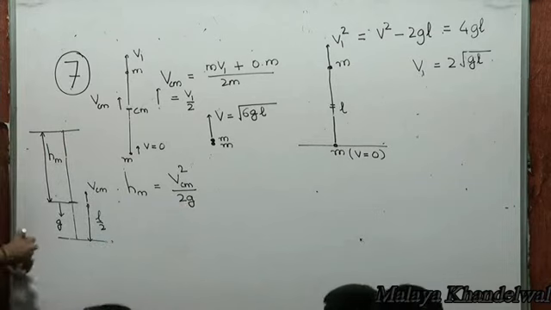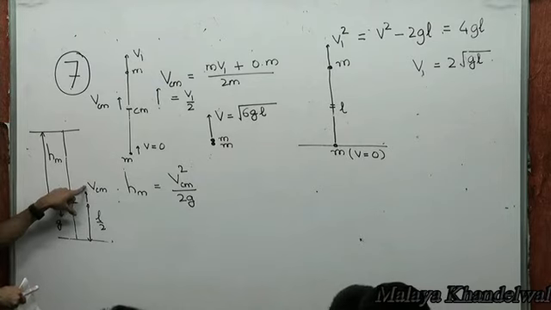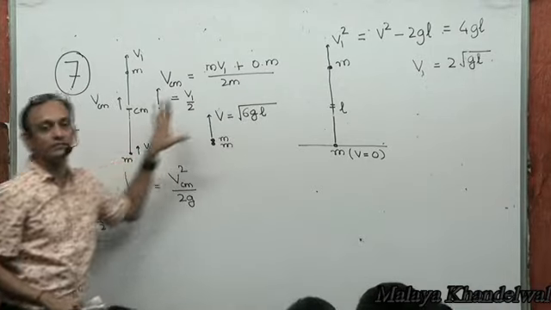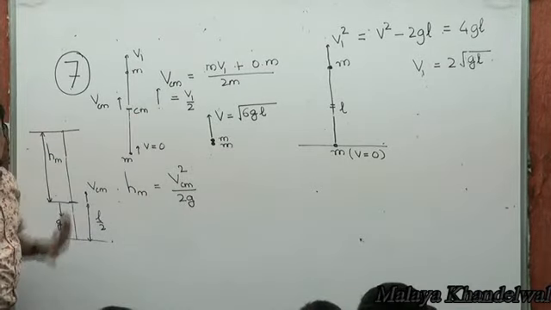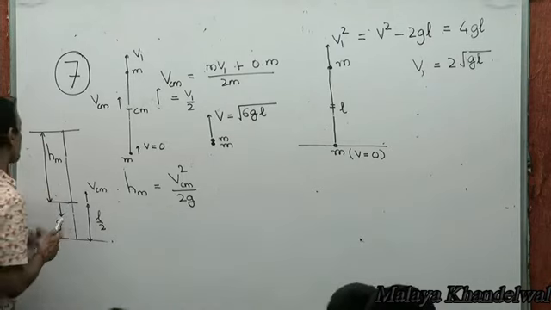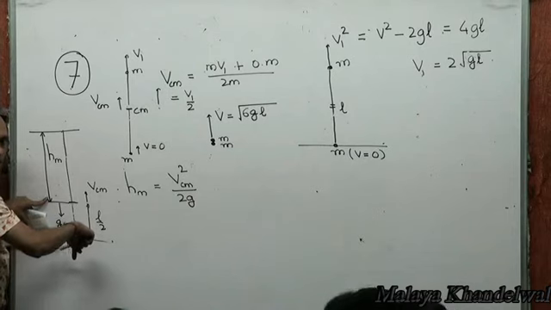Huh? Which part? Tell me. The center of mass has a velocity vcm at this point, which we have computed, (m1 v1 plus m2 v2) by (m1 plus m2), which is v1 by 2, right? Now, the center of mass is acted upon by gravity downwards.